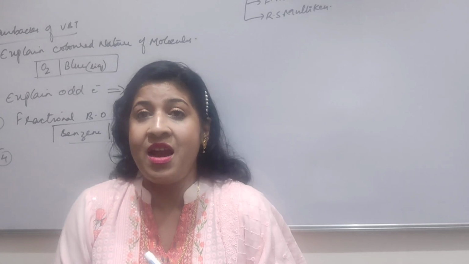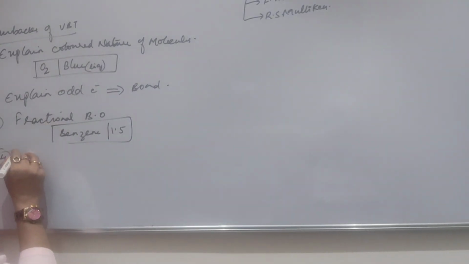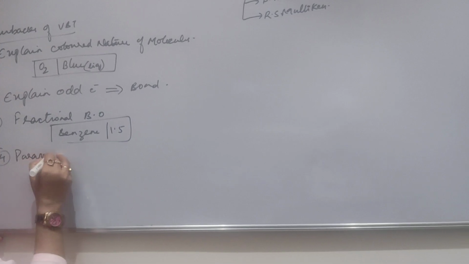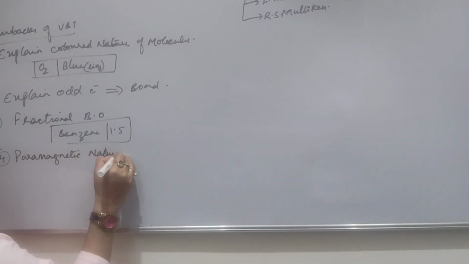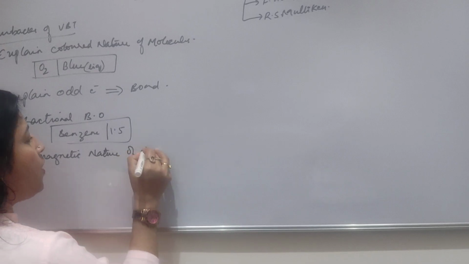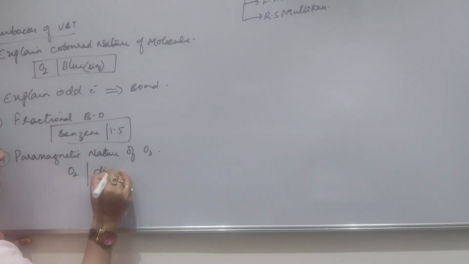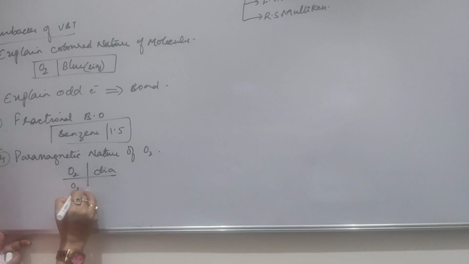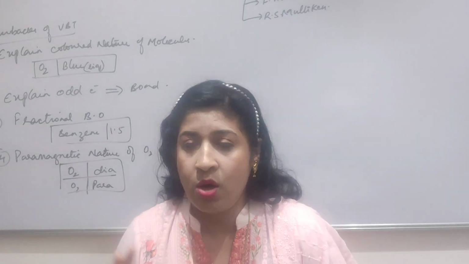So VBT failed to explain the paramagnetic nature of the oxygen molecule. According to VBT, oxygen is diamagnetic, but in reality, oxygen is paramagnetic.